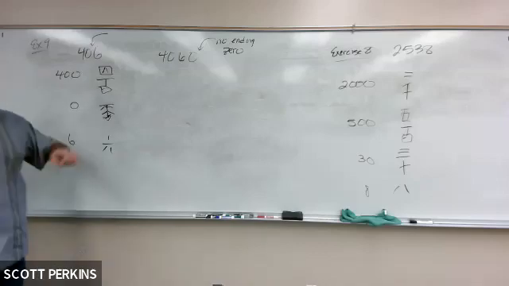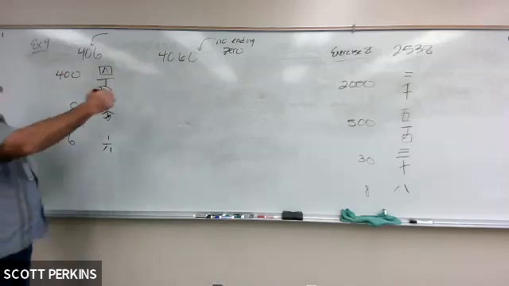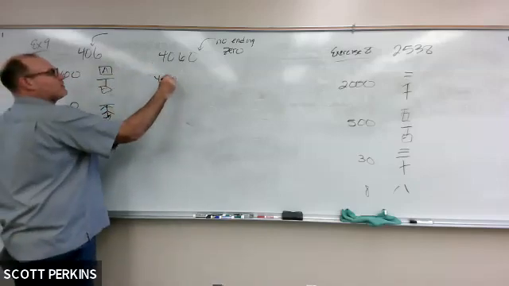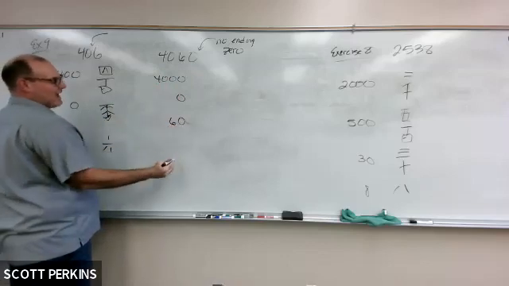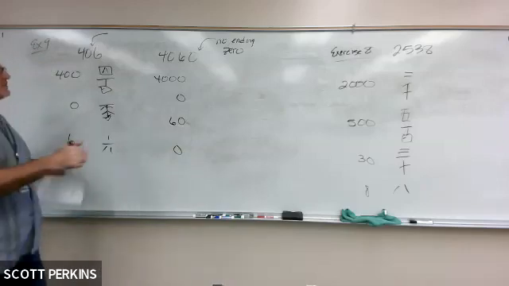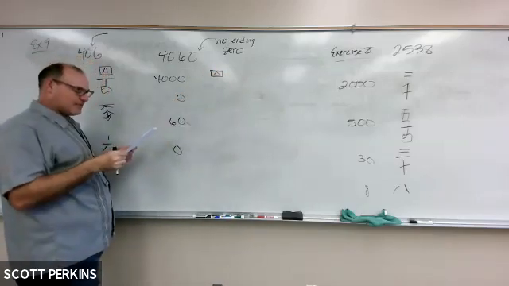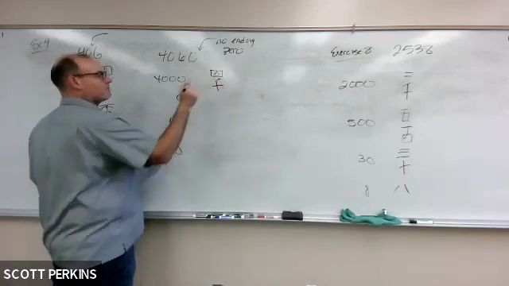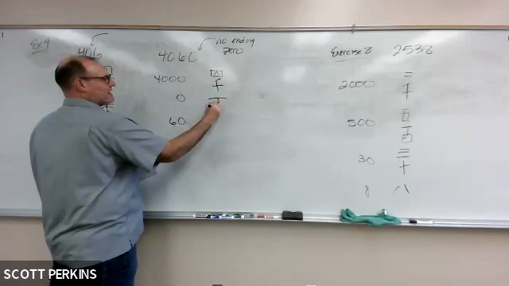Okay, so 4060, the only difference here, the 4 now represents 4000s, and then I have 0 hundreds, I've got 60, and then 0 at the end. So the 4000 would be the 4 symbol times the 1000. I don't have any hundreds, so I do the face.